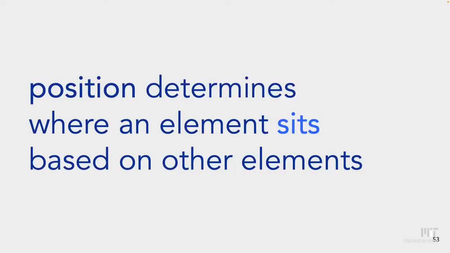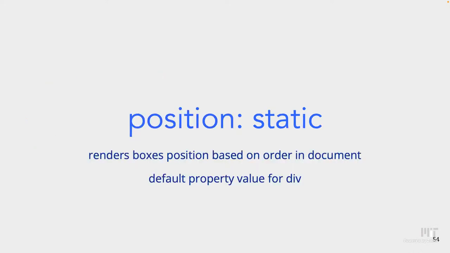Now, aside from display, you can use position, which determines where an element sits based on other elements. The most common one is when something is positioned statically. This is the default property value for divs, and all this means is that the element is positioned statically, as its name suggests, based on the order that it sits in the document.